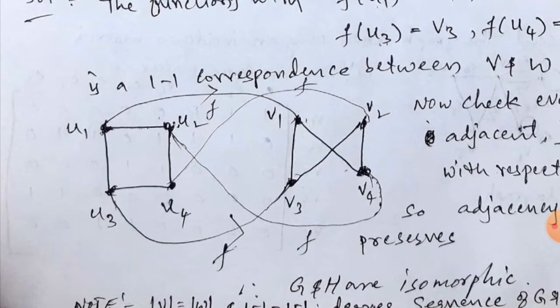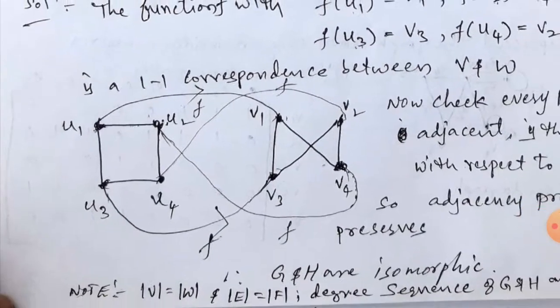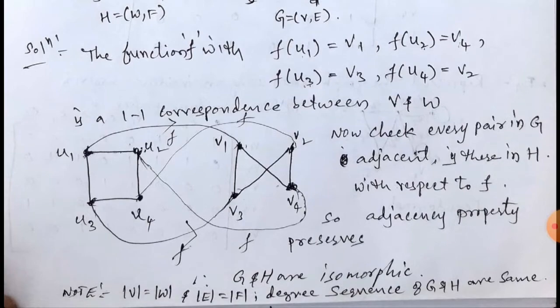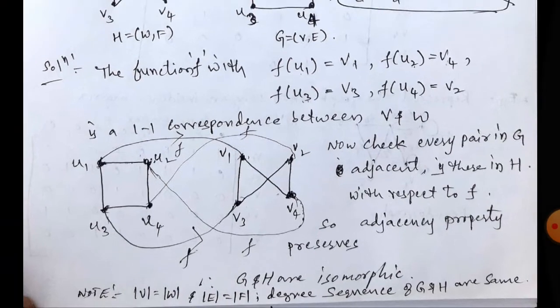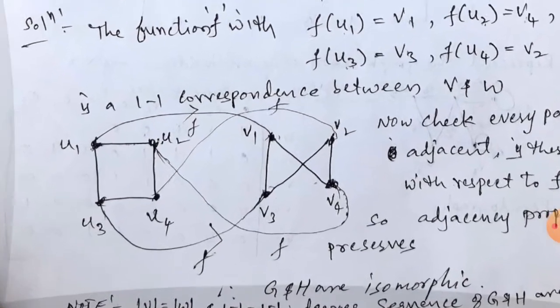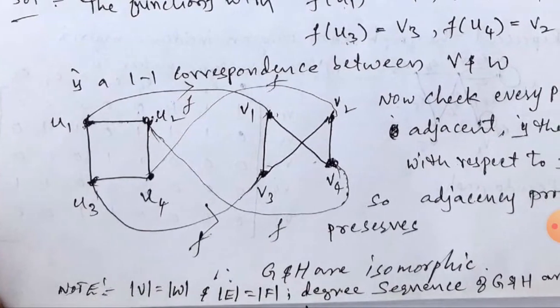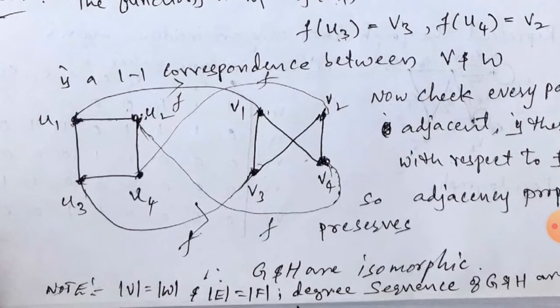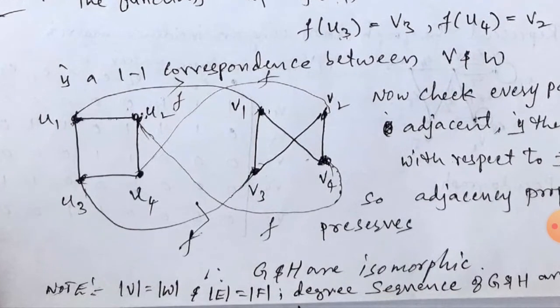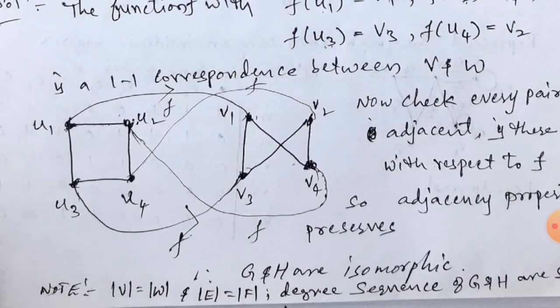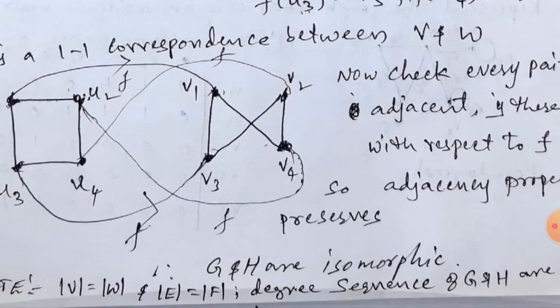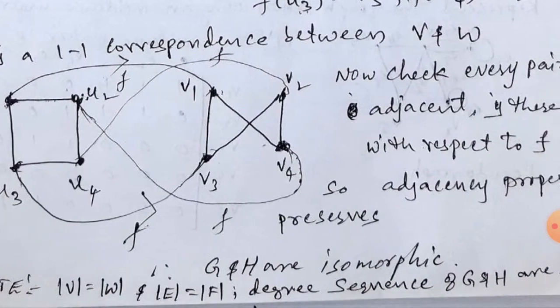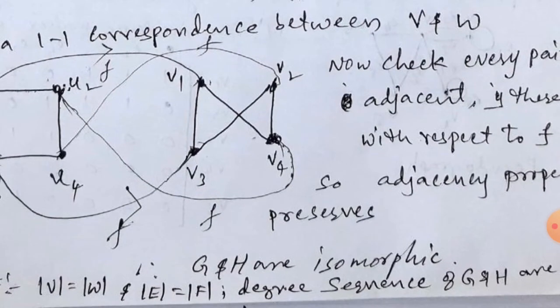Observe, there is a mapping given by all these lines. Through f also, G and H are isomorphic means we can say mod V equals mod W, that means the number of vertices in G and the number of vertices in H are equal. And of course mod E equals mod F: the number of edges in G and the number of edges in H are equal.